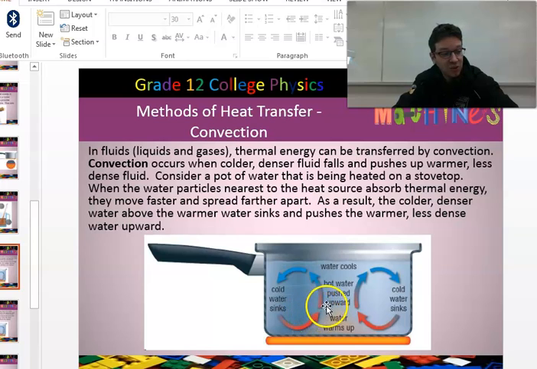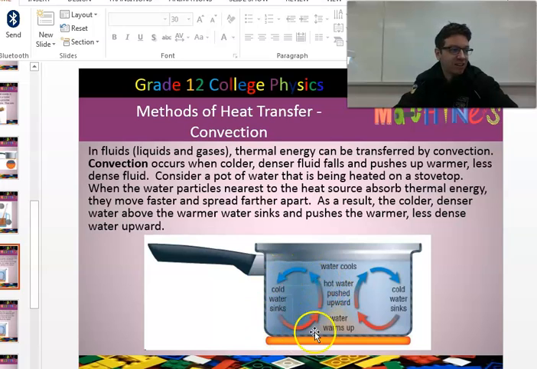And so that warm water rises, pushing the cold water down. That cold water that comes down is able to heat up, which then rises and pushes the less warm water down. And it just keeps repeating in this cycle.